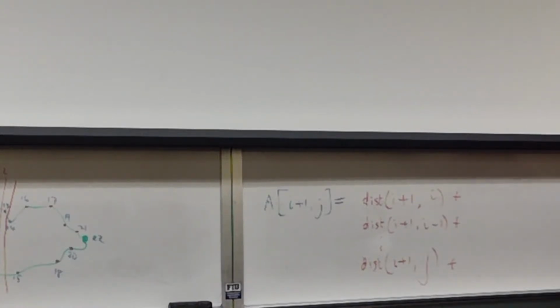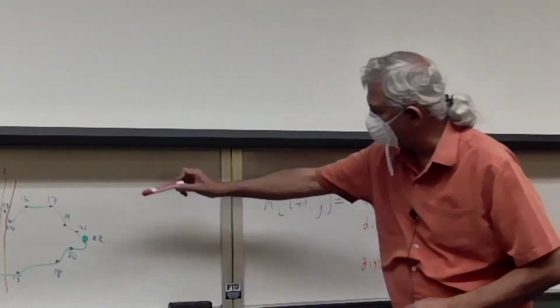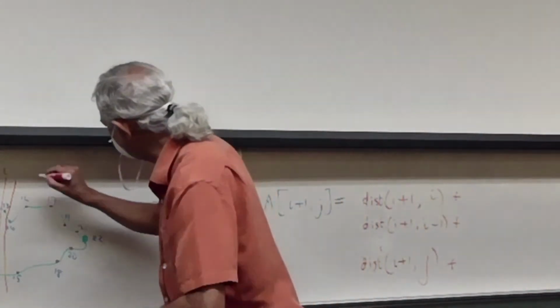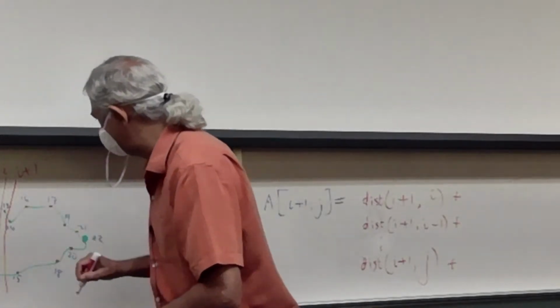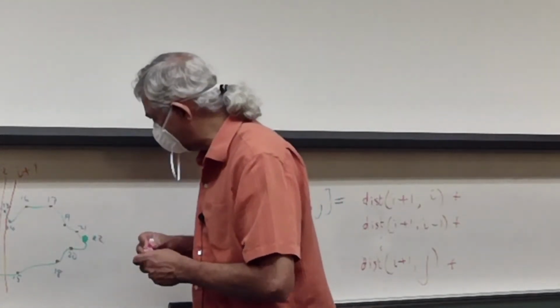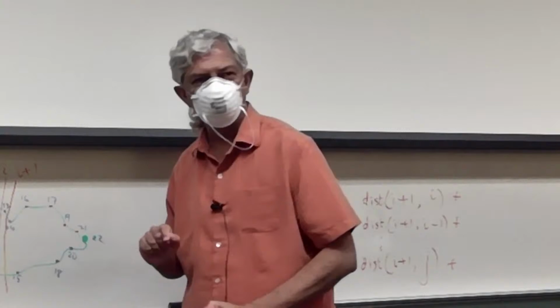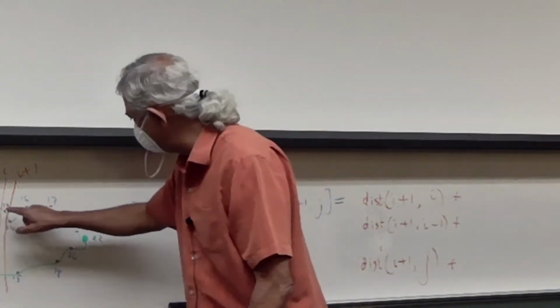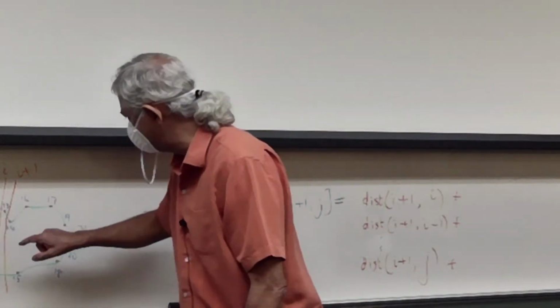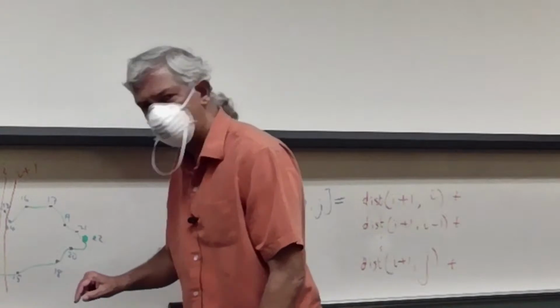So we have to patch it with some optimal solution for whatever is to the left of I. So remember, we are now going from I to I plus 1, right? And I plus 1 could either be put along with this, or I could patch it up directly to 11, or I could patch it up directly to 10.